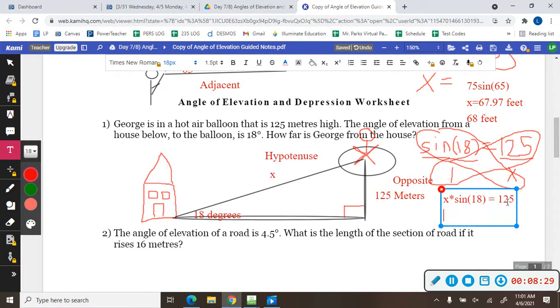So in this problem, to solve for x, I need to divide by sine of 18. So this is 125 divided by sine of 18. If I type that in my calculator, I get 404.508. So I'd say x is 404.5 meters.